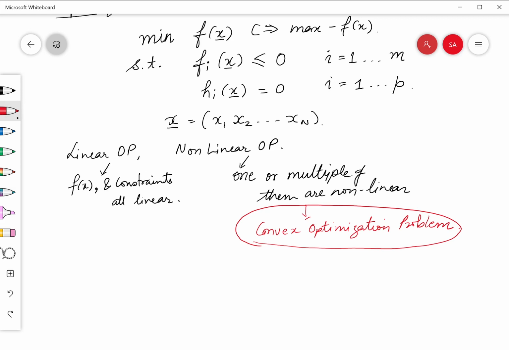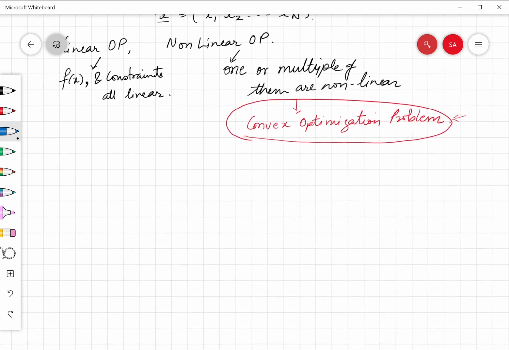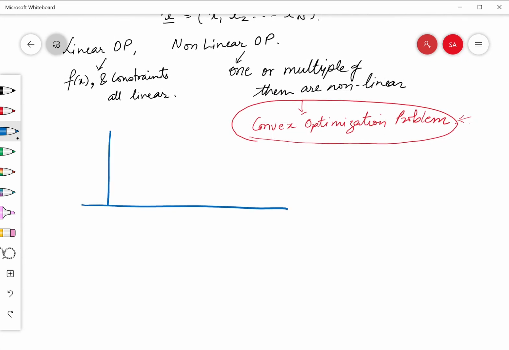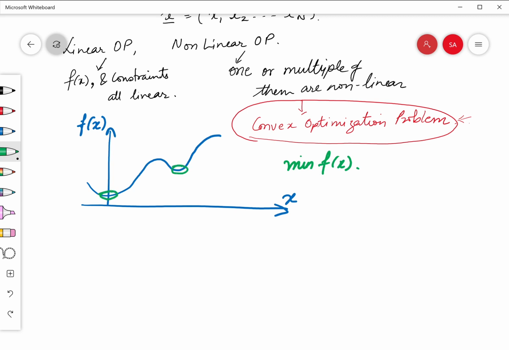Now the question is, why do we want to look at the convex optimization problems only? The reason is simple. As I showed you in the last class, you can take a sample function which could be something like this. So this is your x and this is your f of x. Now you want to minimize f of x, so where is it going to achieve the minima? It is here and it is here. Now suppose you solve this optimization problem, you're going to get two points, right?